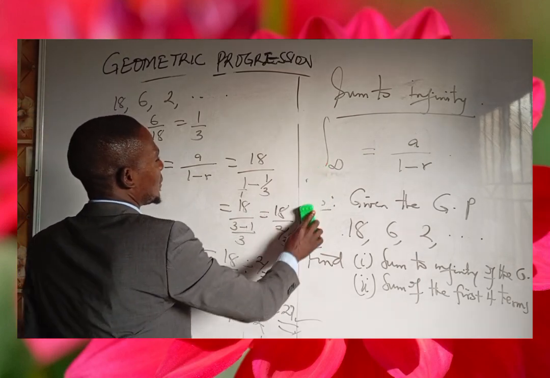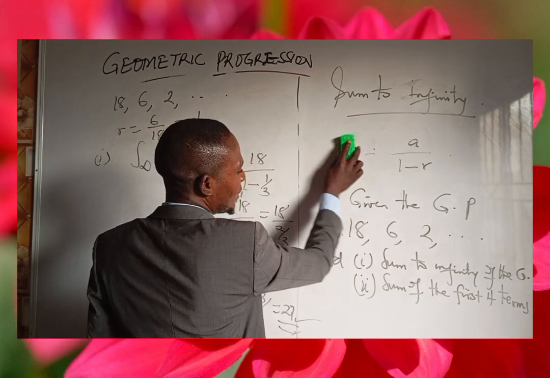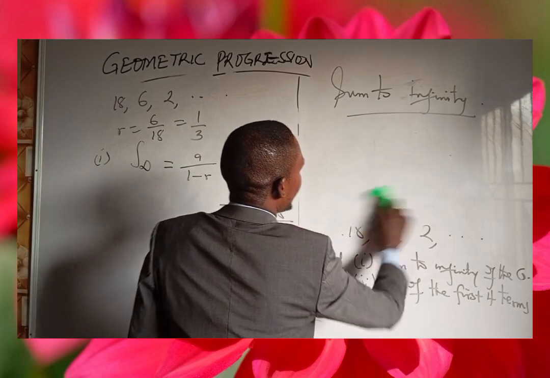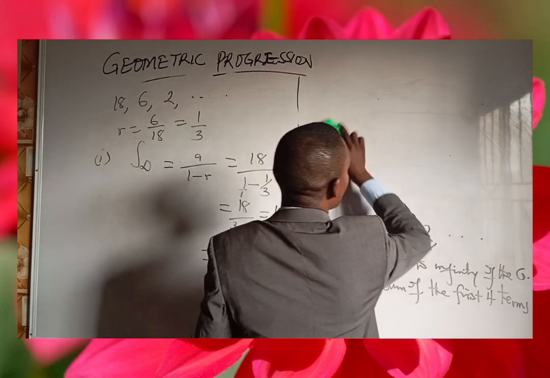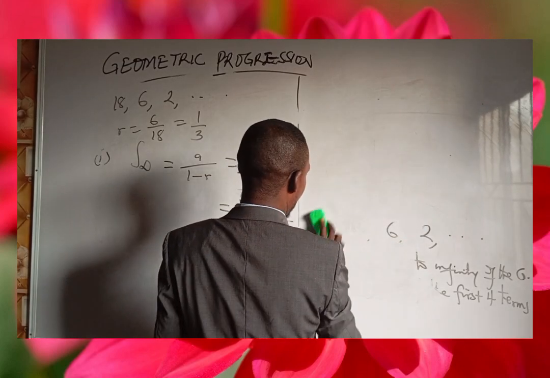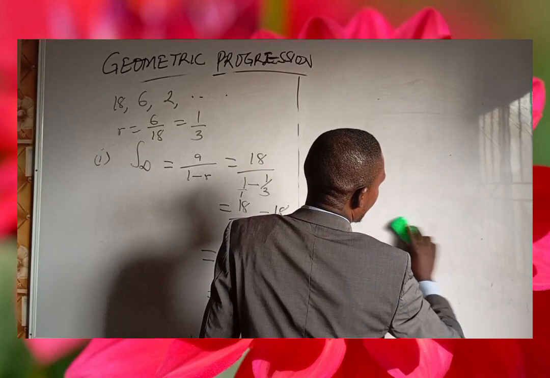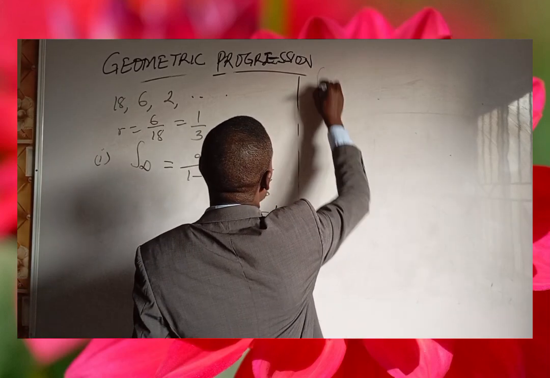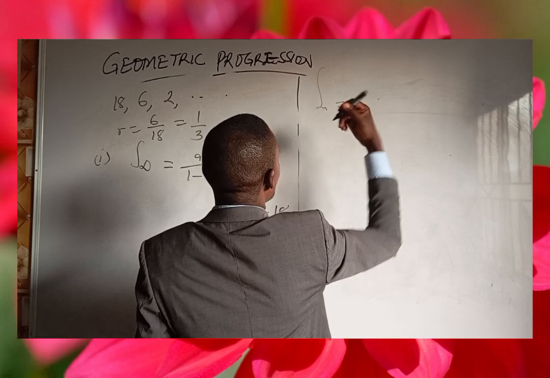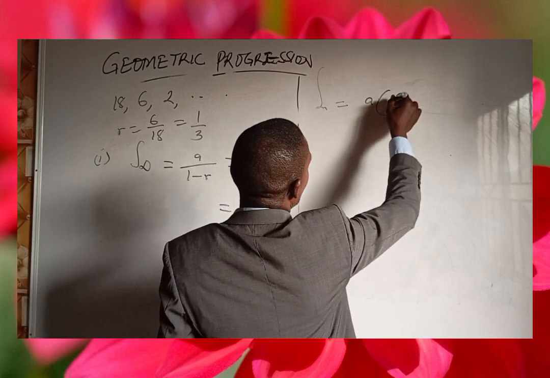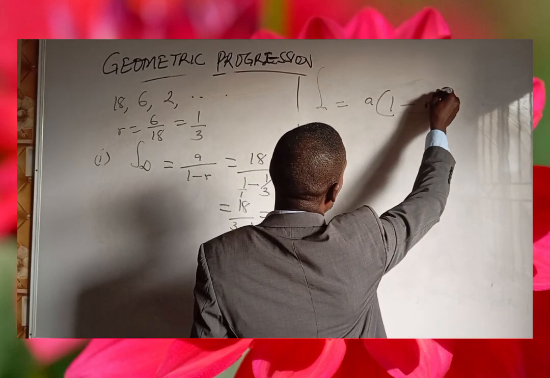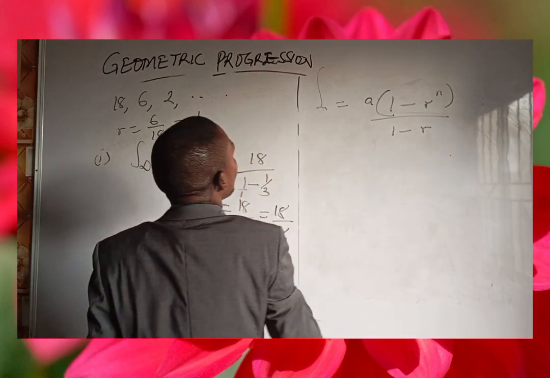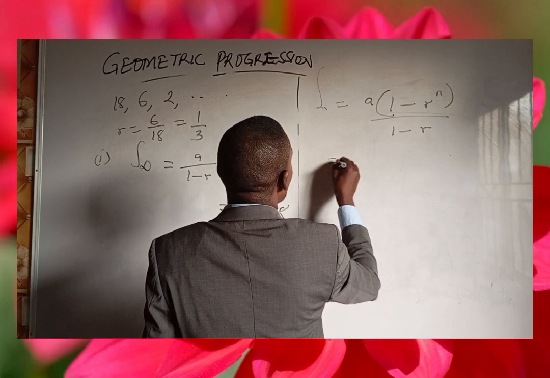Now the (II). I said sum of the first four terms. So here, since R is less than 1, we use the formula A into 1 minus R raised to power n, everything divided by 1 minus R. What is A?